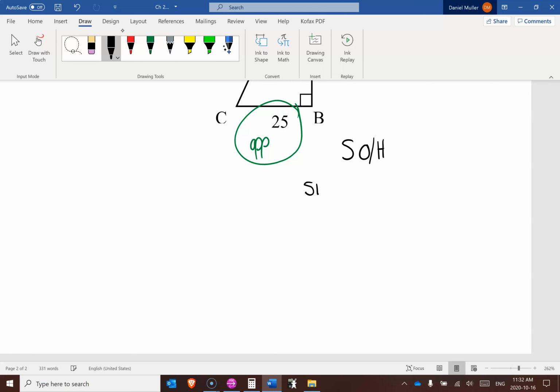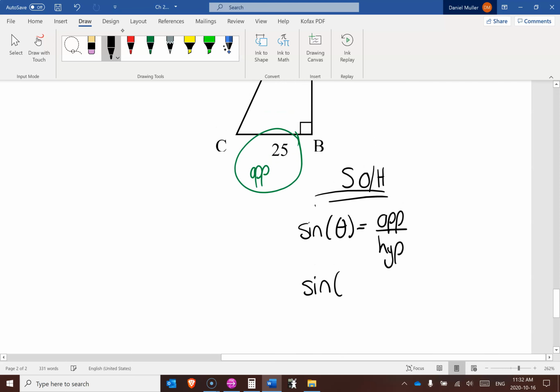So you start off with your formula, sine of some angle equals O and H, so opposite over hypotenuse. Now, sine of some angle, we're not given that.